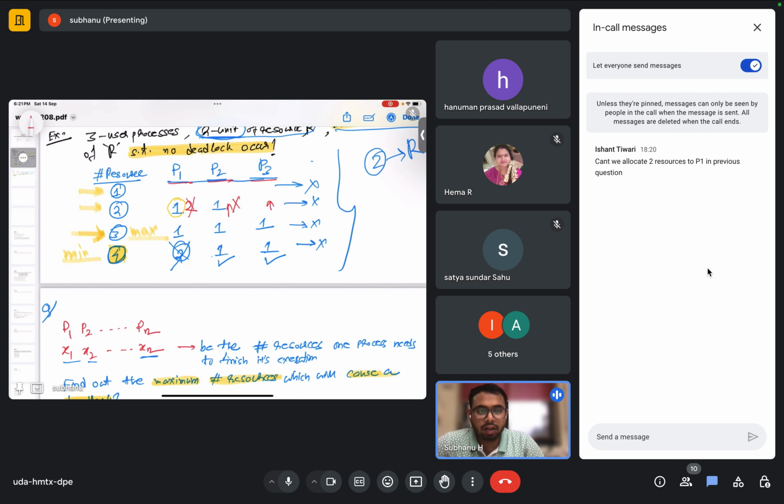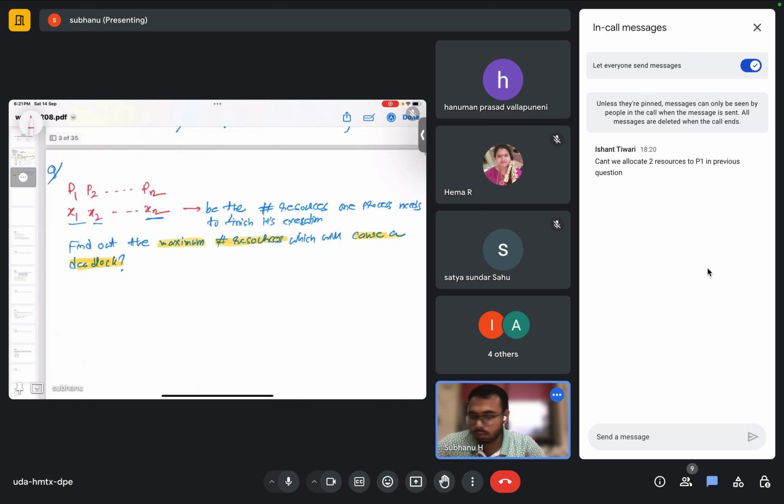Whenever all are waiting, if you have something to give, you will give at least one of the resources to each of them. Otherwise you would have to mention that P1 has the highest priority, give it two, then come to P2. That wasn't mentioned in the question.